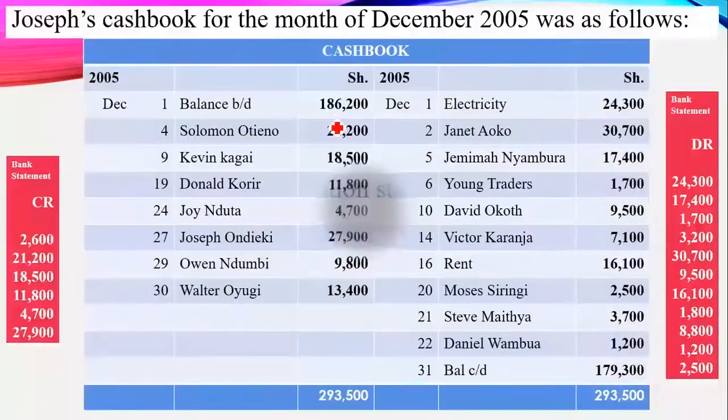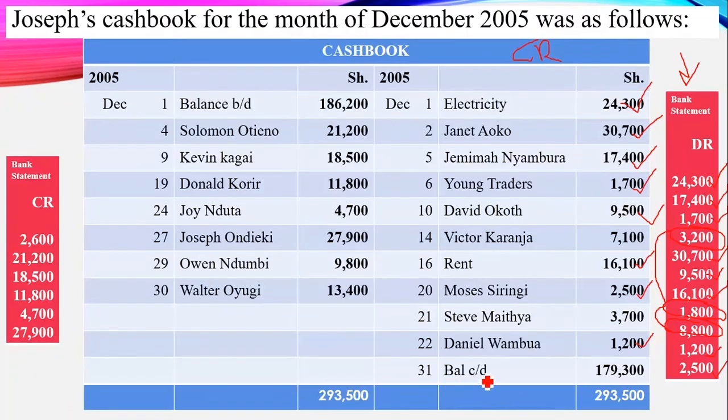To update our cash book, we start by checking what is the closing balance in the cash book. So the closing balance is a credit closing balance. So we are going to have a balance brought down on the debit side because the balance carried down is on the credit side. So the balance brought down, or the balance brought forward, will be 179,300.